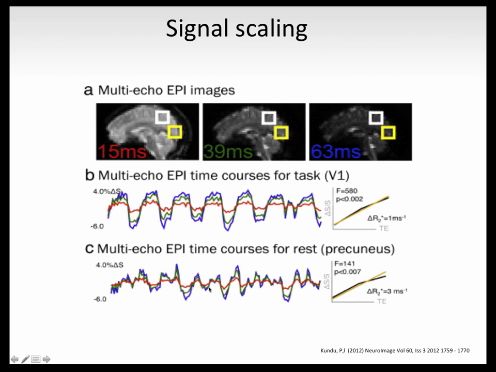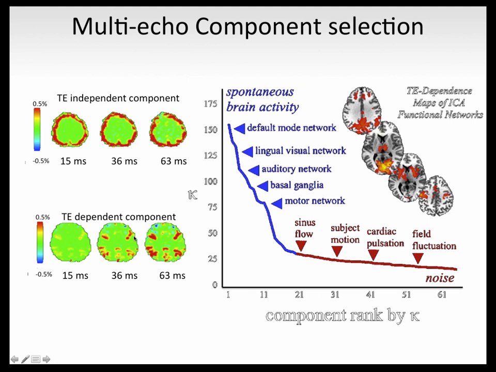The same thing can be done for resting state fMRI. The nice thing about that is that all of the artifacts, as I said, don't scale. They look exactly the same at each of the echo times, versus something that is more signal-based, a BOLD signal that we're looking to measure, which actually scales with the signal.